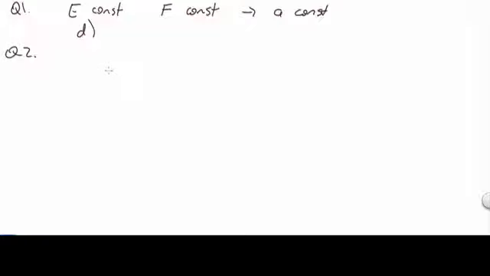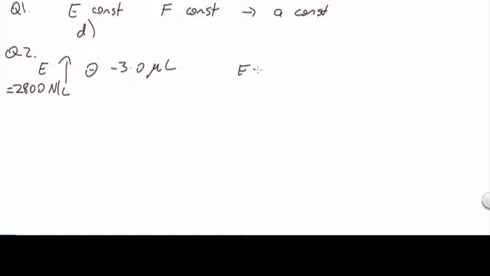Now, question 2, we have a negative charge, minus 3 microcoulombs. We have an electric field that is 2,800 newtons per coulomb.